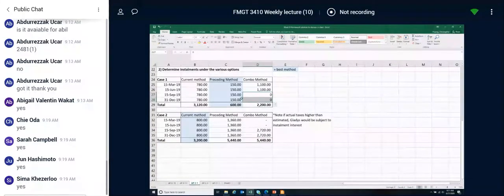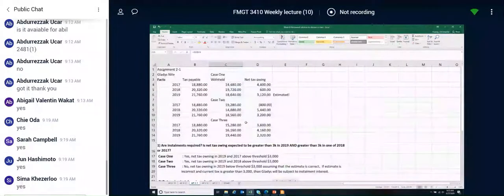If you use the preceding method, you just would divide by 4, your 600 divided by 4, and that's all you'd pay. And in this case, again, this would be the best method because it's the least amount of cash flow. Even though you'd say, Chris, well, do you really have to pay installments because it's so low? The answer is you do because the criteria is met.